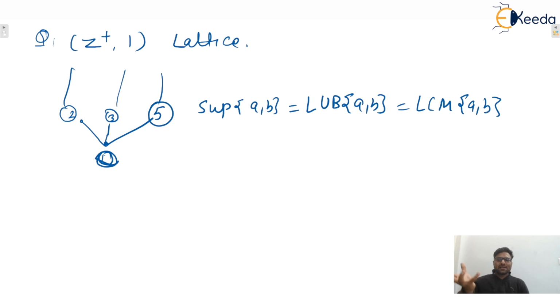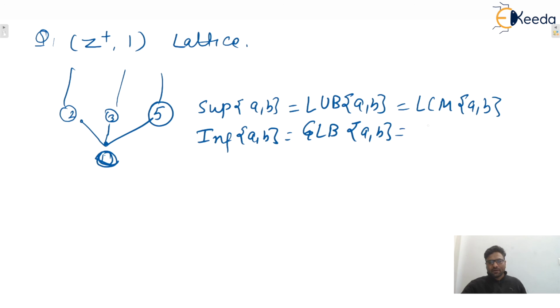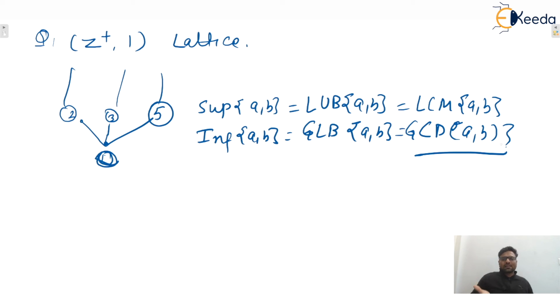That will be the least upper bound. Similarly, infimum of A, B, that is the greatest lower bound of A, B, will be the GCD, greatest common divisor of A, B, isn't it? That will be the greatest lower bound. I hope this one is clear to everyone.